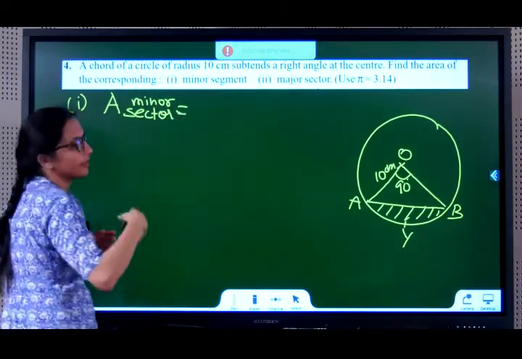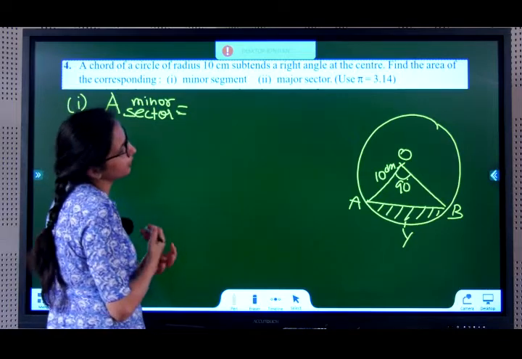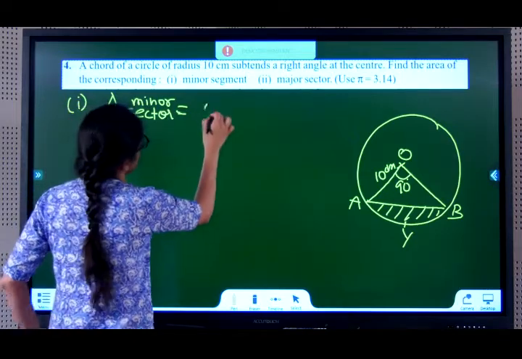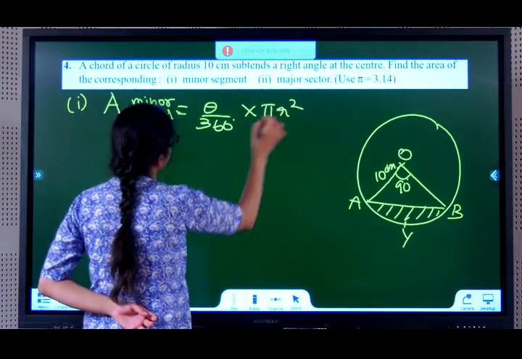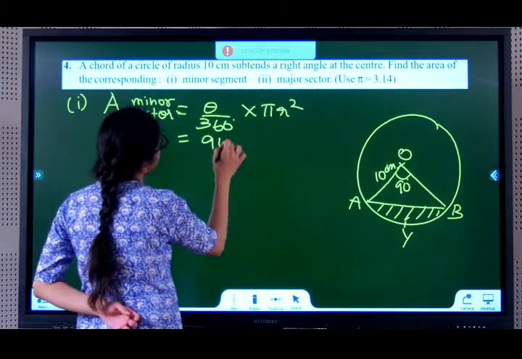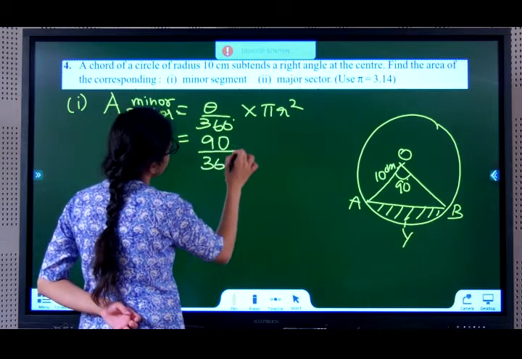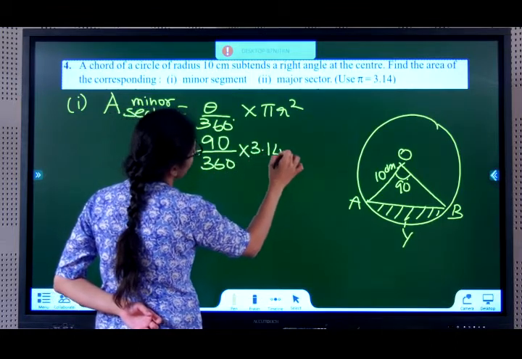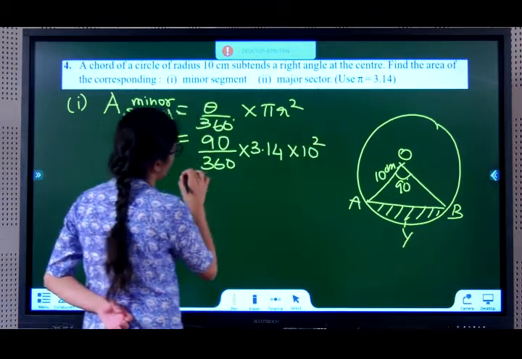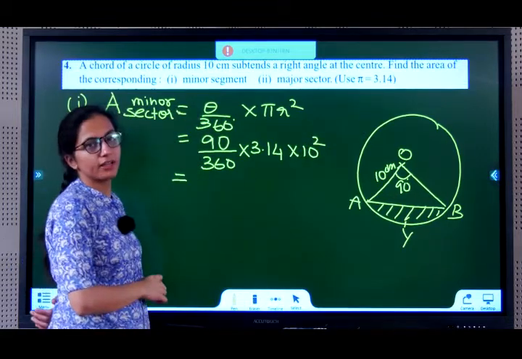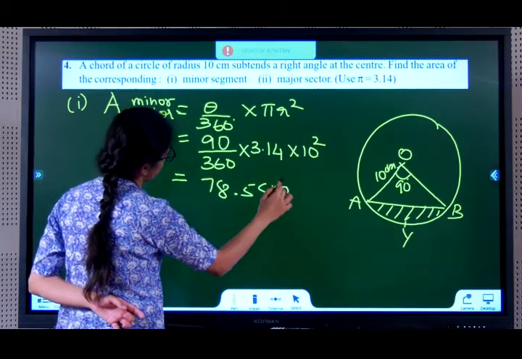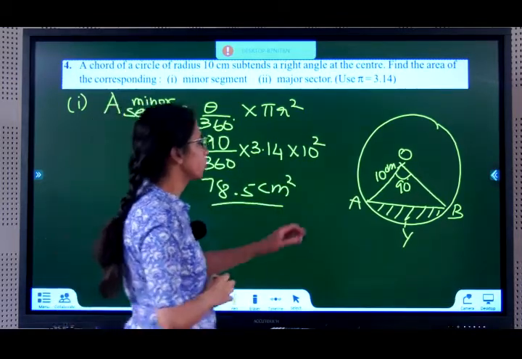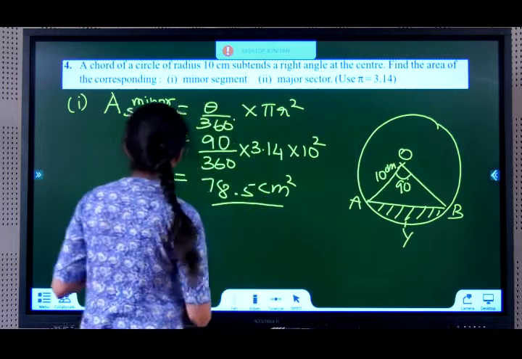If they are only giving one kind of sector, then no need to keep saying minor. Theta by 360 degrees into pi r square. 90 by 360 into 3.14 into 10 square. On simplifying this, we get 78.5 centimeter square. Now you have to find the area of the triangle.